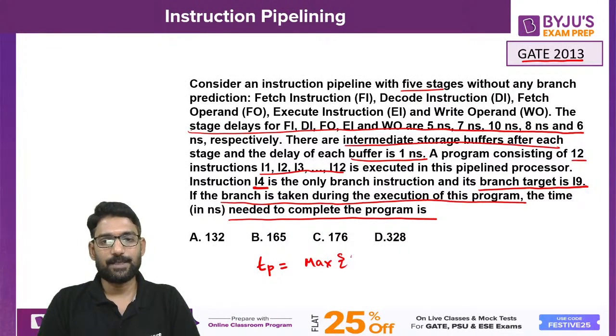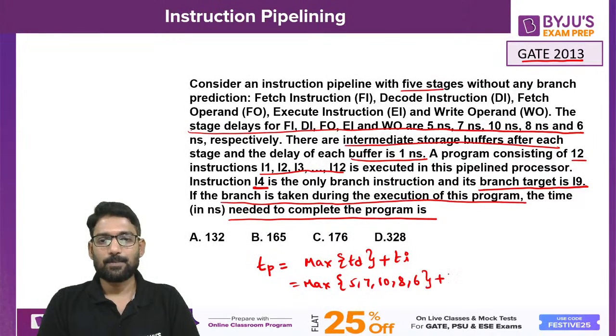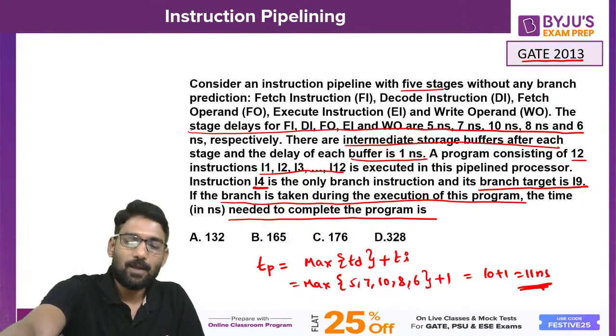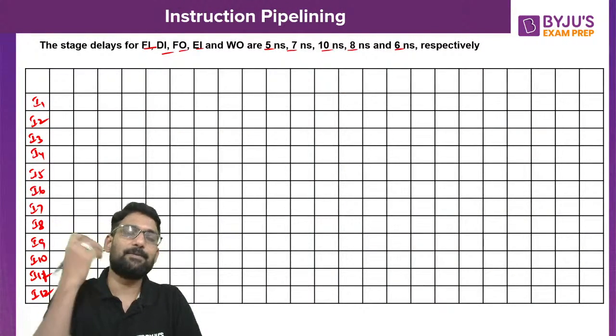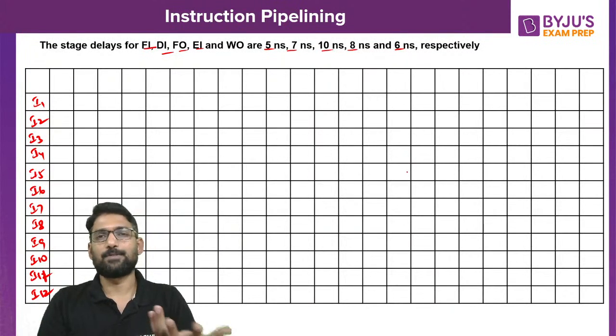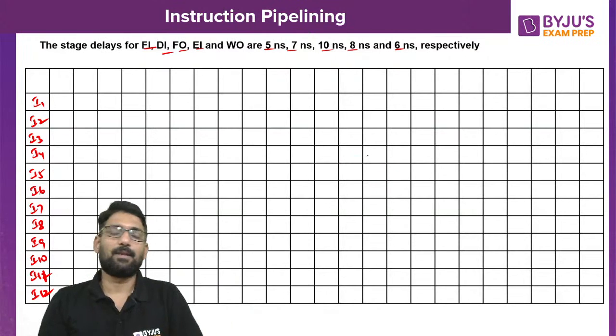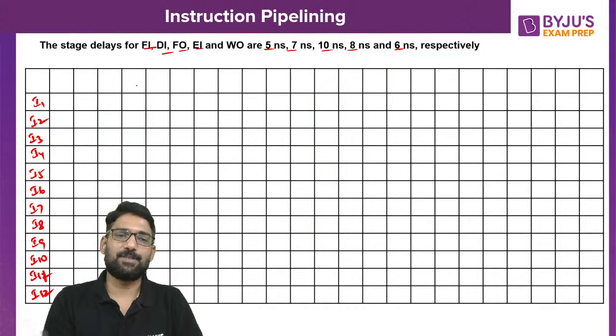Maximum of stage delays plus interstage delay. So this is the maximum of stage delays 5, 7, 10, 8 and 6, plus interstage delay 1. So that is 10 plus 1, 11 nanoseconds. Now every stage takes 11 nanoseconds on average, because whenever it is not uniform we have to take it that way, max TD plus TI.